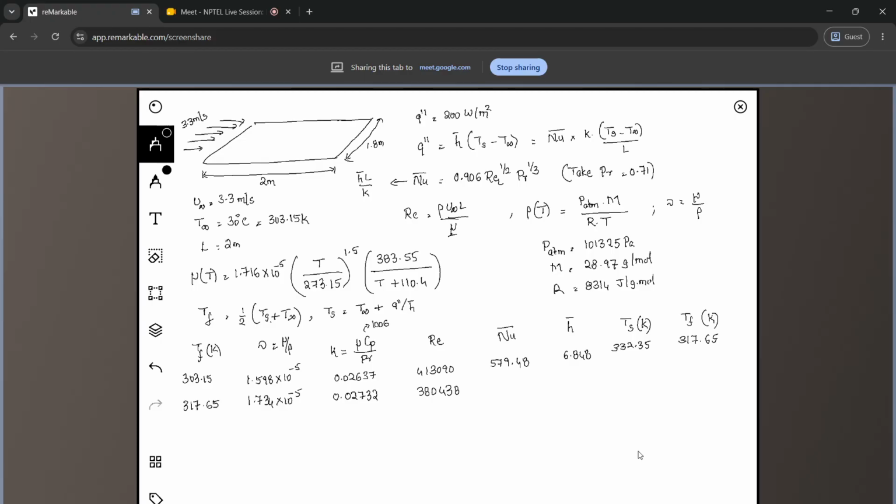The Nusselt number. Again, this is also less than 5 into 10 power 5, so I can use the laminar assumption. From this, the heat transfer coefficient, and from there, the surface temperature. And from this, I can again calculate the TF value.